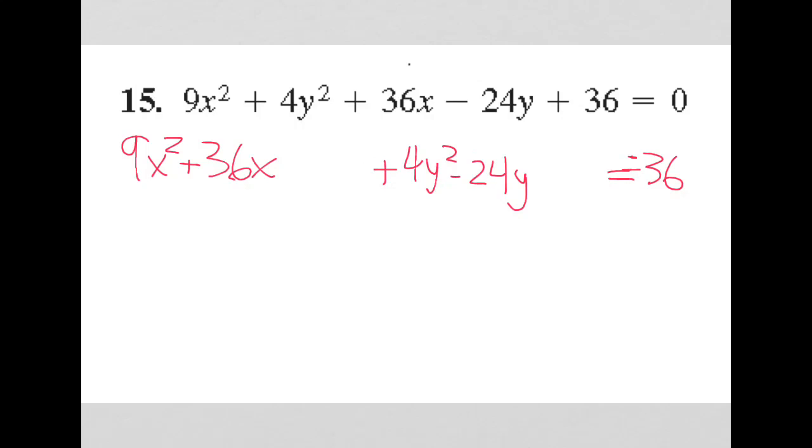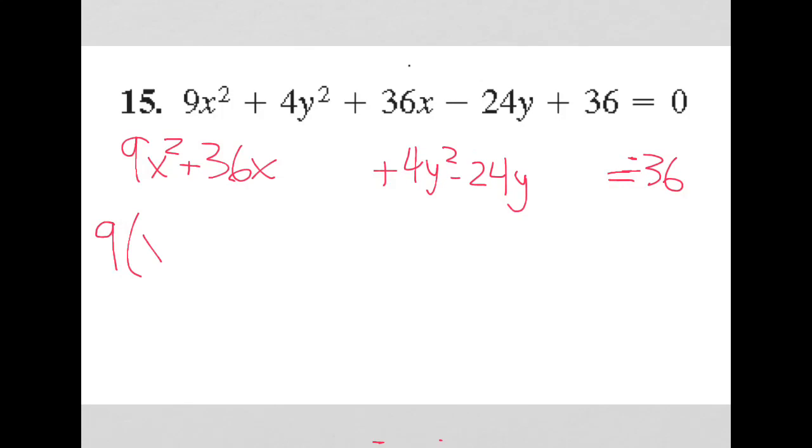And it looks kind of goofy the way I've spaced it out, but the reason I've spaced it out like that is because we're going to be completing some squares. So first thing I'm going to do is factor the 9 out of that x squared. So I'm going to write that as 9 times x squared plus 36 divided by 9 is 4, so x squared plus 4x right there.